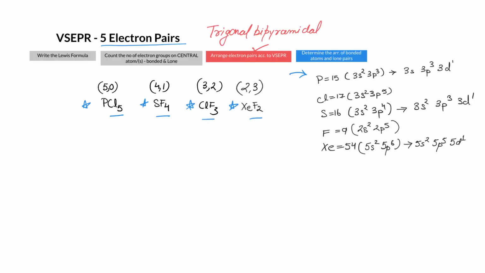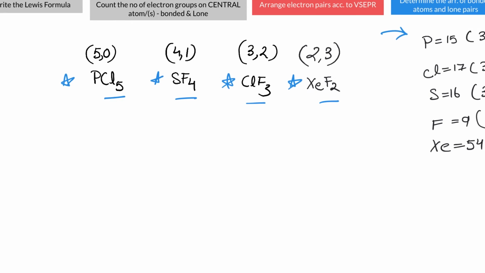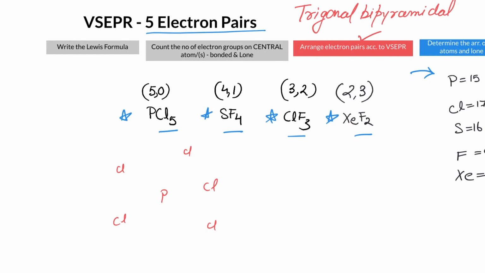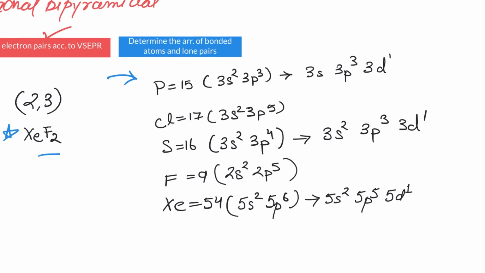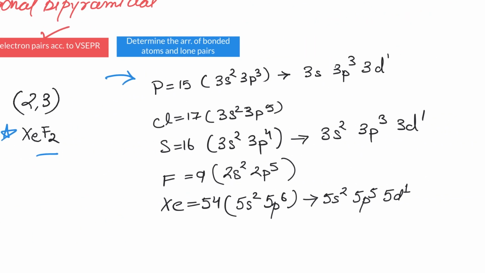So now let us work each of them one by one, and let's see where it goes. Okay, let's work PCl5. Phosphorus, P, has to bond with 5 chlorine atoms. The first step, as we do for all the others, is to write the Lewis formula. But for that, you also have to justify how phosphorus gets to have 5 bonds. If you look here, the configuration is 3s2 3p3.